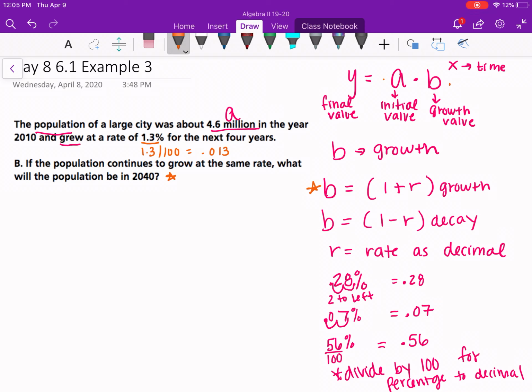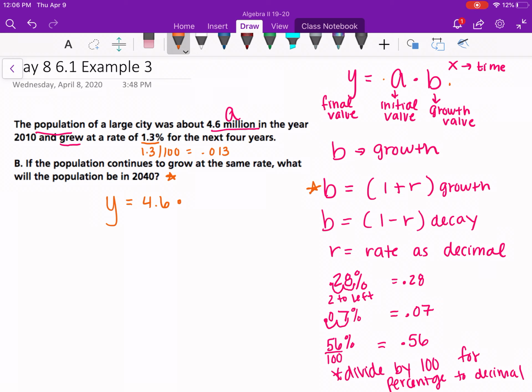So let's start filling things in. We do not know what the final value is. That's what we want to know. We want to know what the population will be in 2040. So y, whatever that final population is, equals my initial population. I know it's 4.6 million, but I'm just going to leave it as 4.6 and remember that my unit is millions.